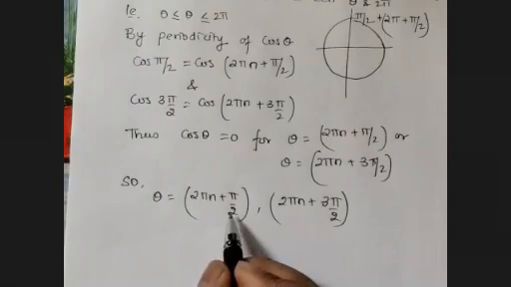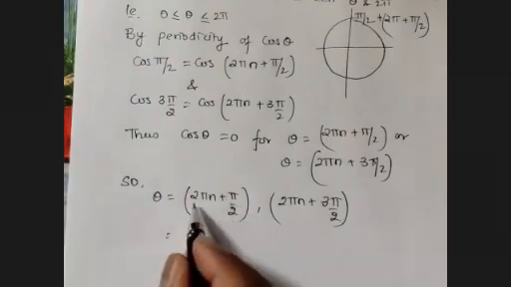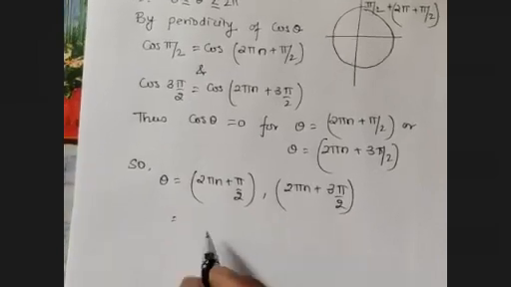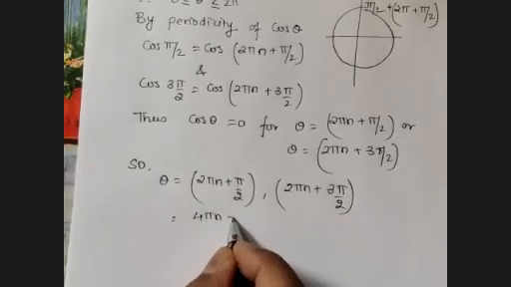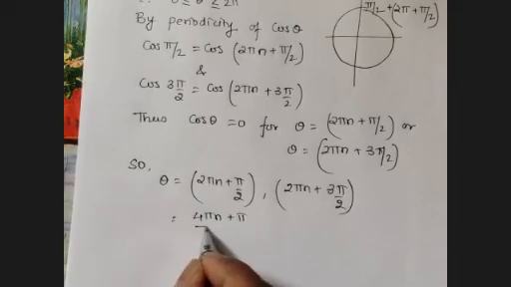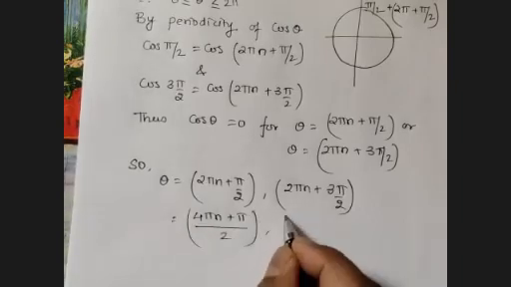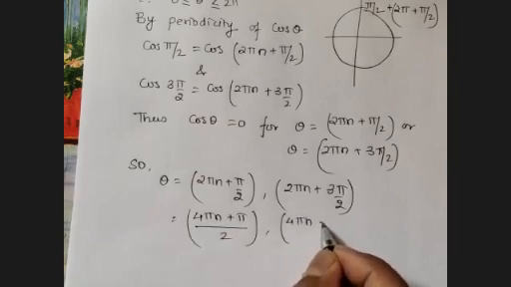So if I take LCM, what I will get is 4 pi n plus pi by 2 or 4 pi n plus 3 pi by 2.